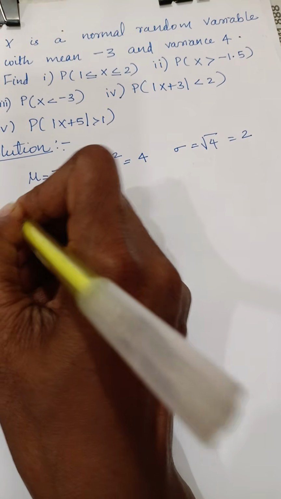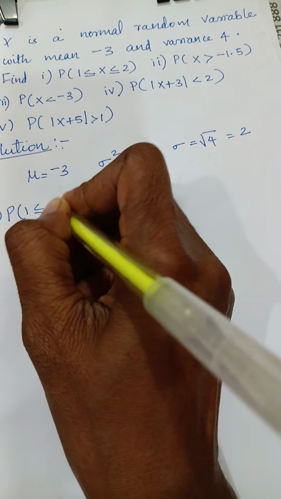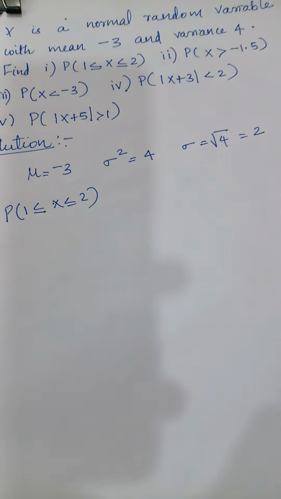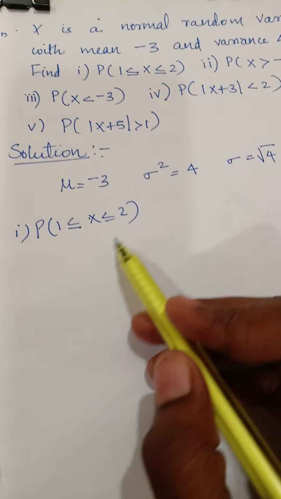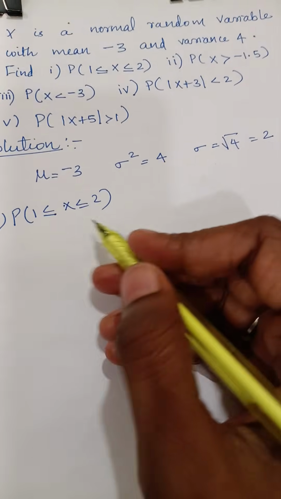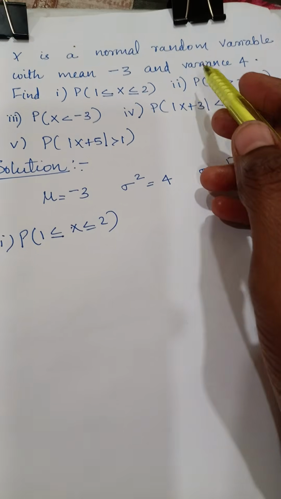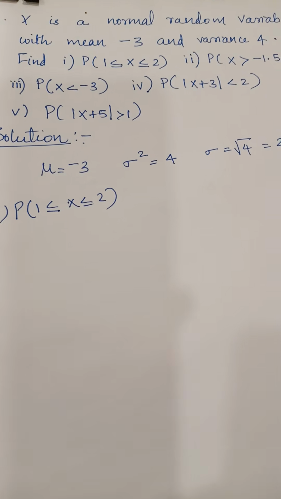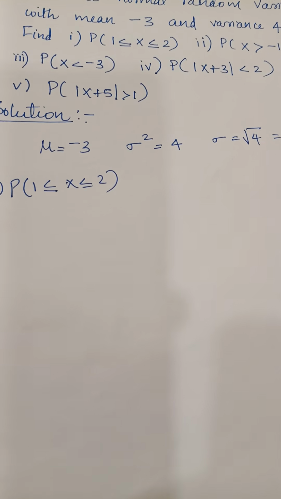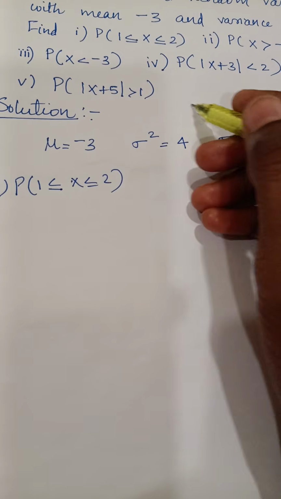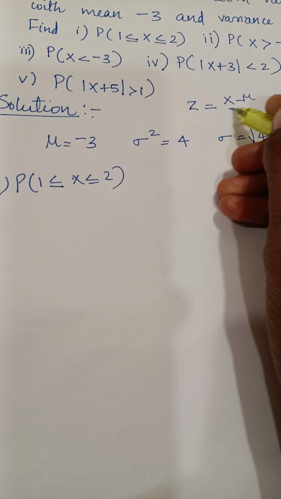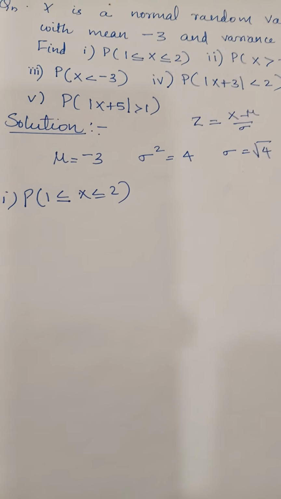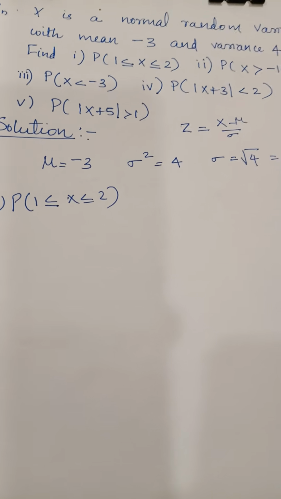First case, probability that 1 less than or equal to x less than or equal to 2. Now we can find this probability. As in the previous video, we have to standardize this. We know that x is following normal distribution, and for standardization we transform the variable into z, so that z is equal to x minus mu by sigma, which will be transformed into a standard normal variable.